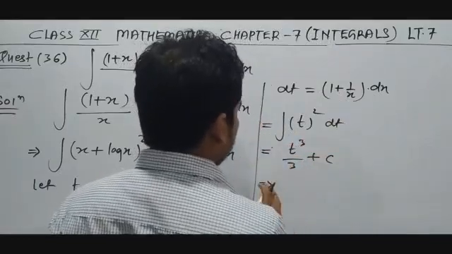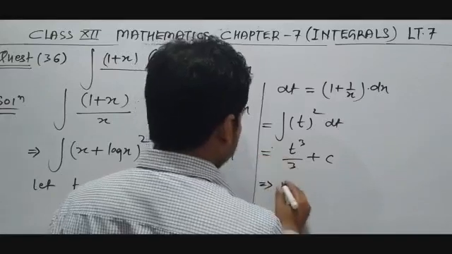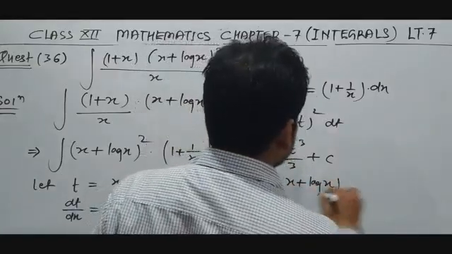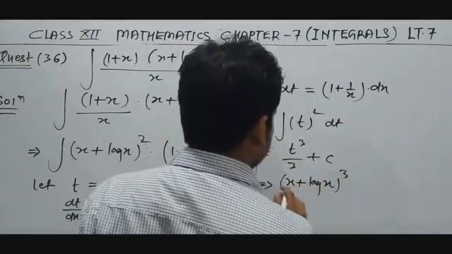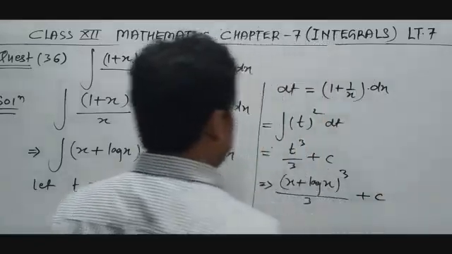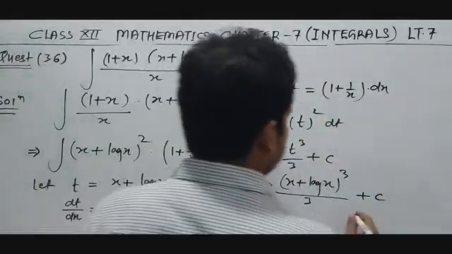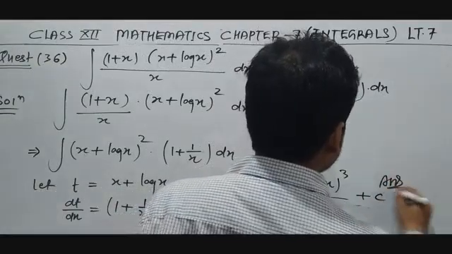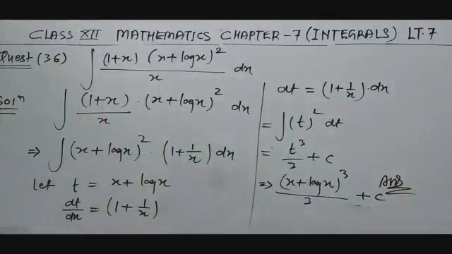Now put the values of t. So the result is (x plus log x) power 3 whole by 3, plus c. So this is the answer. Now question number 36 is completed.